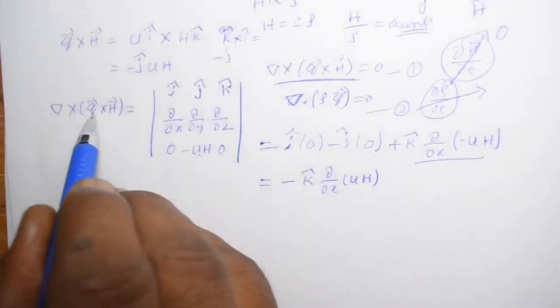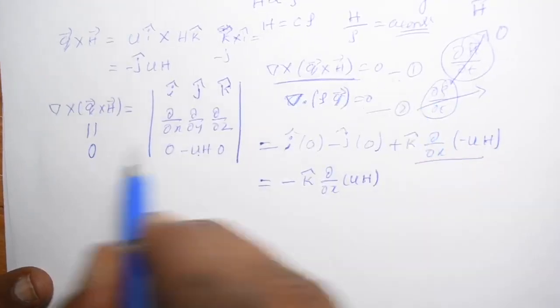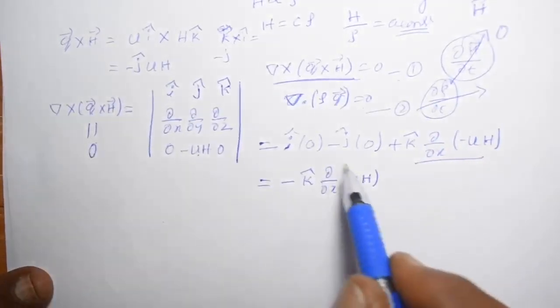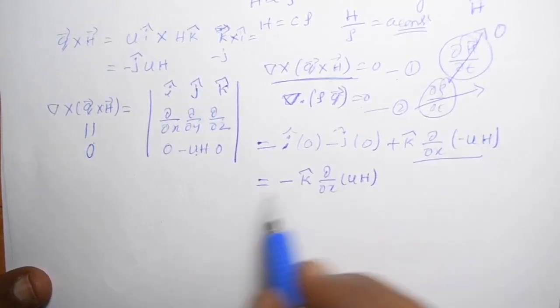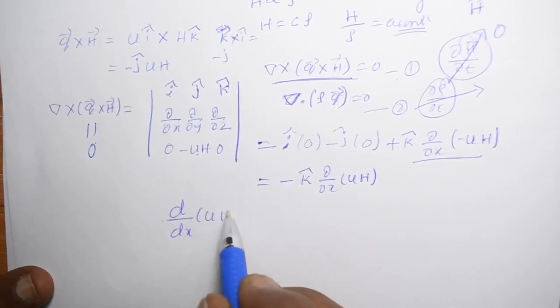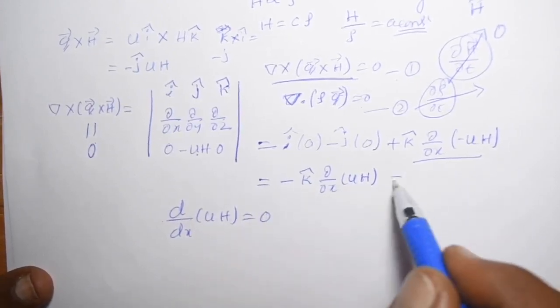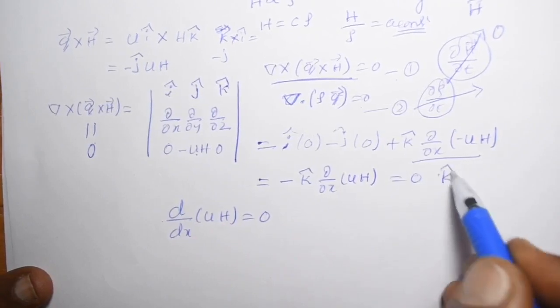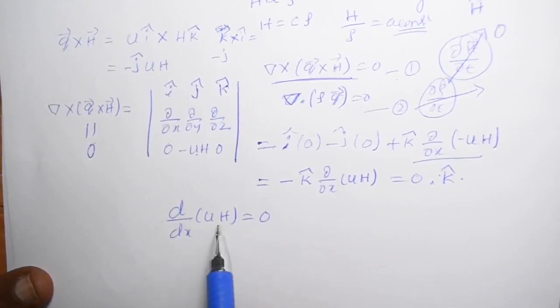But you know, from equation 1 this quantity is 0. That's why this quantity must be equal to 0. That's why this quantity will give simply d by dx of u into h is equal to 0. Got it? So this is equal to 0 means you can write it as 0 into k. By equating the k components you are going to get this one.